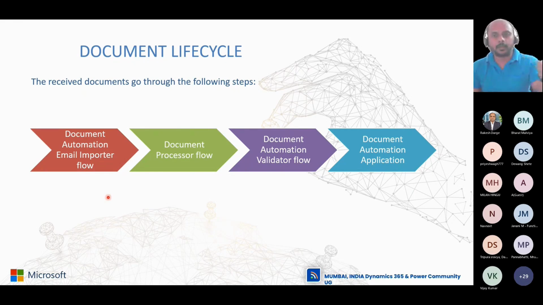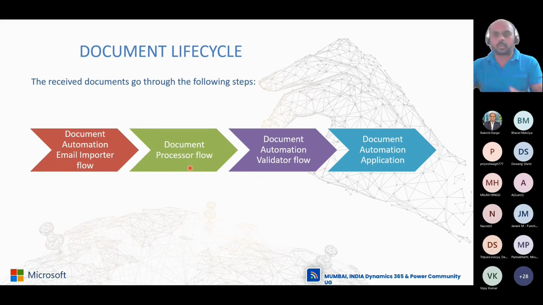So initially, when the document arrives and we store it in the queue, it is marked as extracting data.